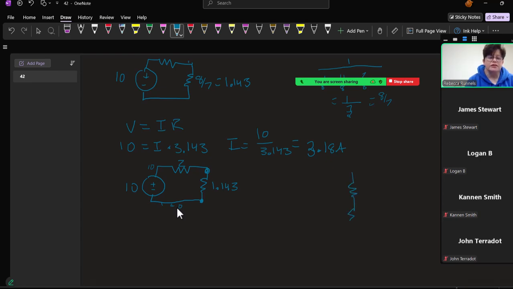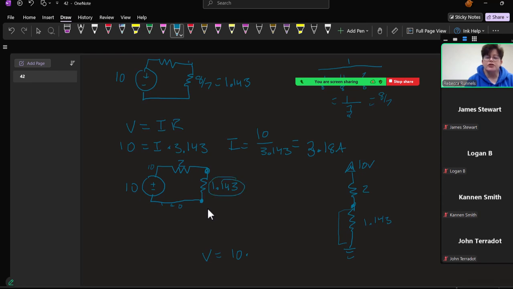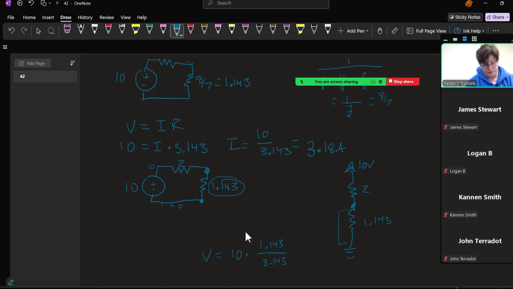So if I have something that looks like this, and this is how they'll draw it in electronics, and I'm looking for the voltage across right here, then to find the voltage across any one element, you take the total voltage, which is 10, times the element that you are interested in, which is 1.143, over the total resistance, which is 3.143. And I get 3.64 volts.